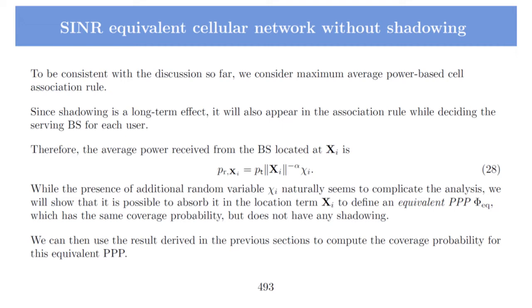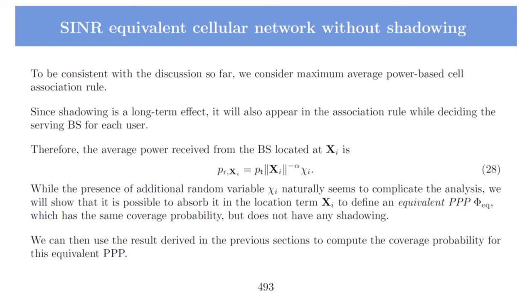Now with this idea, we will again use the same thing for shadowing. Recall our network for shadowing, and we will try to find an equivalent cellular network which does not have the shadowing but may have fading, and for which the analysis is easy.